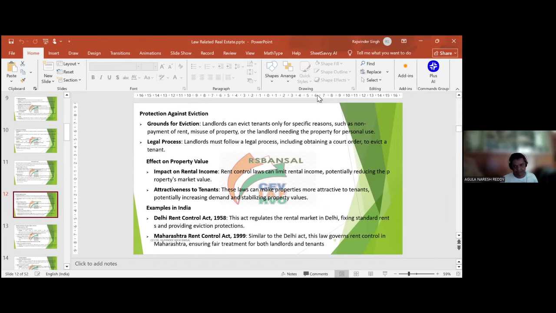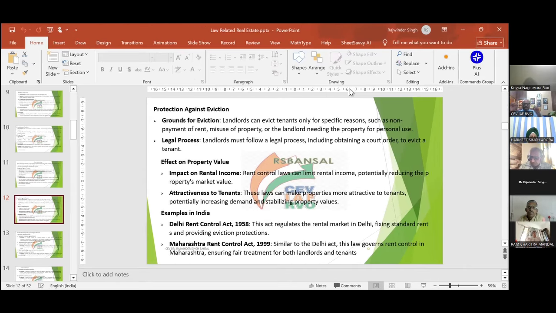So you know this Rent Control Act, how it affects the value of the property. The value of rented properties is drastically reduced. You have to do valuation on the basis of the income approach method, in which capitalization of the income is done.